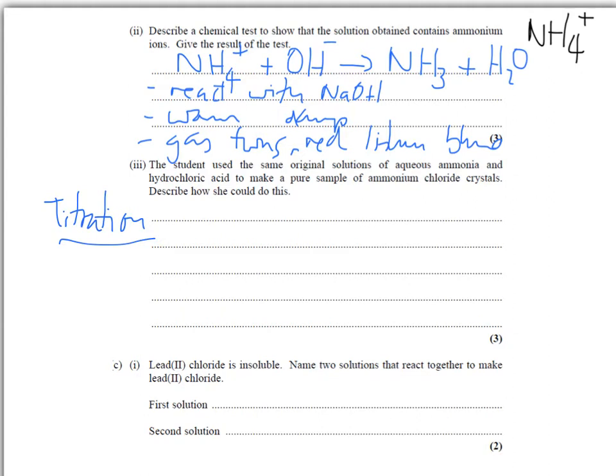Of course, you're going to have to know that neutral point by using an indicator. So in there, talk about the colour that the indicator would turn, and then repeating the process without the indicator, and only going as far as the neutral point.